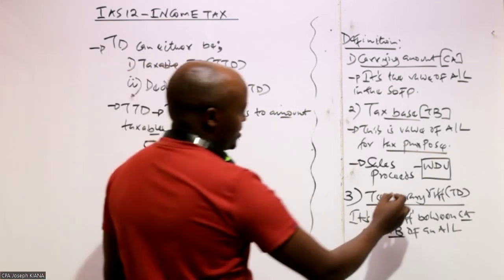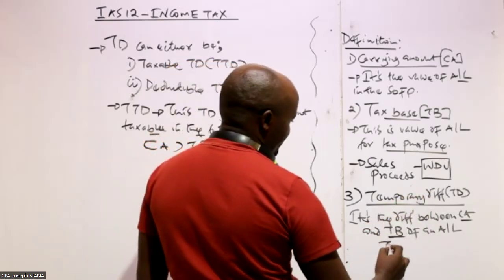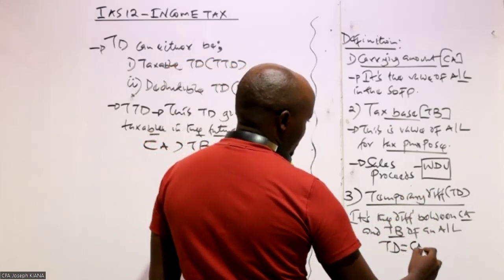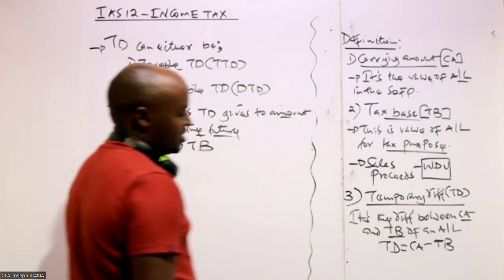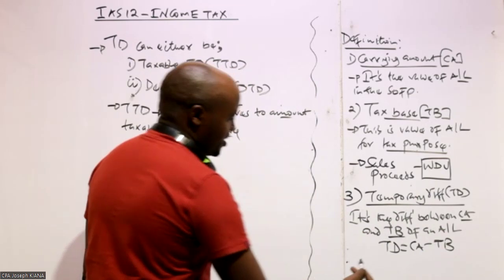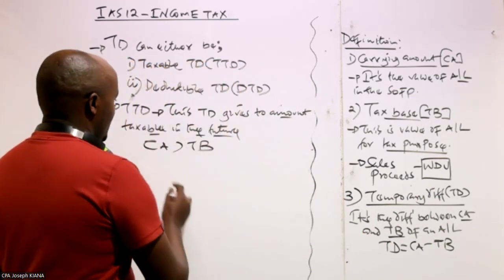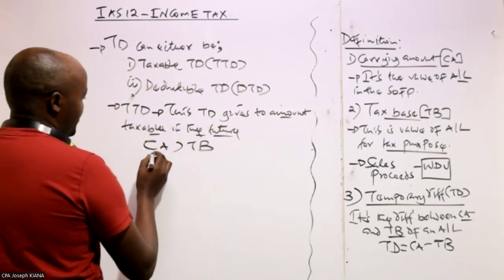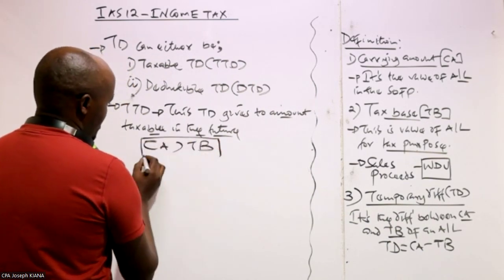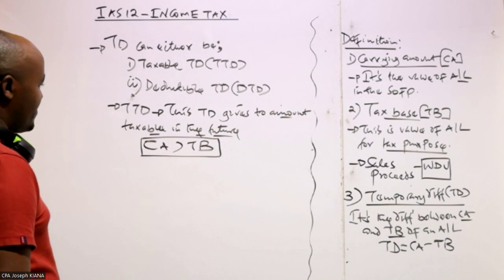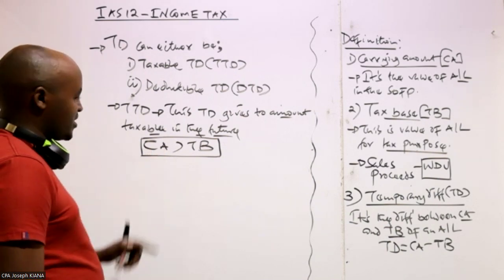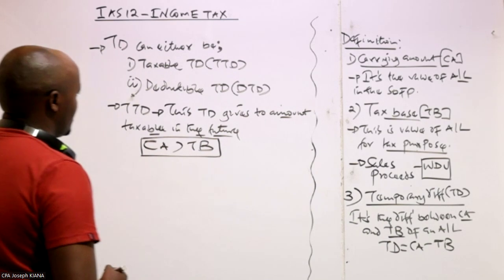Because here we are saying that the temporary difference is the difference between the carrying amount and the tax base. So it means that if you compute the temporary difference and you get a positive figure, then that is a taxable temporary difference. Therefore, a taxable temporary difference arises whereby the carrying amount of an asset or liability is more than the tax base.